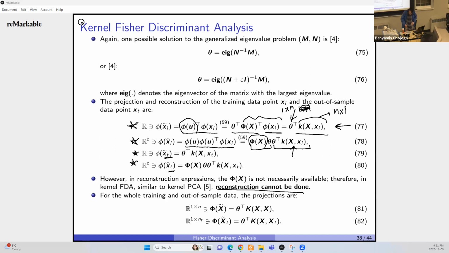And if we have a bunch of data points to project, then rather than one kernel vector, it becomes a kernel matrix. This is n by 1, n by n. This is n by nt, where nt is the number of test data points or out of sample data points.